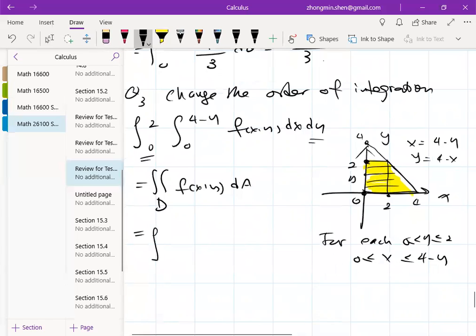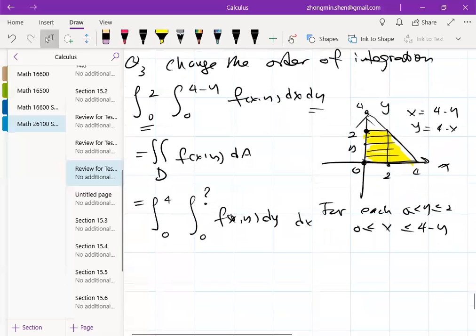First of all, x is between 0 and 4, and this is dx, and y is from 0 to some function. The upper bound for the y variable depends on the choice of x. If x is between 0 and 2, the y value is also between 0 and 2.